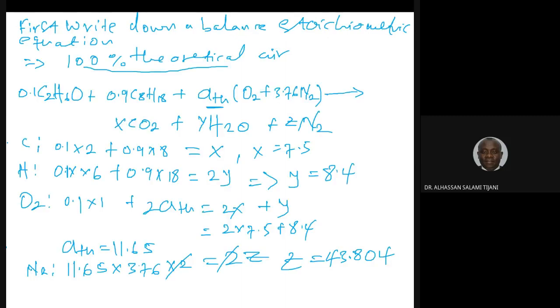Plus air, the stoichiometric amount of air which we got was 11.65. Then this gives me oxygen plus 3.76 moles of nitrogen. Then at the product side, how much was carbon dioxide? Carbon dioxide X is 7.5.